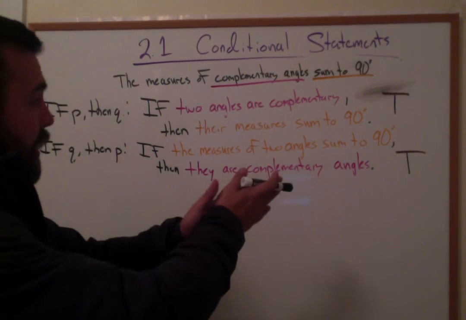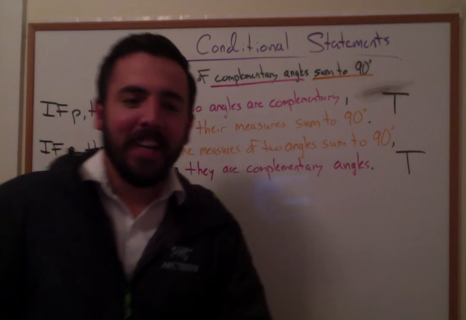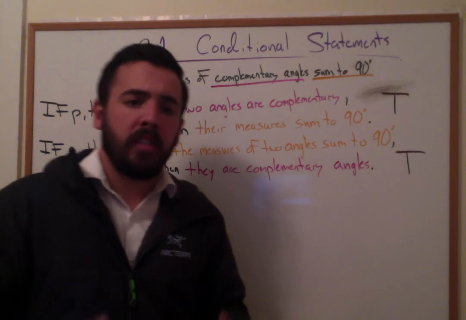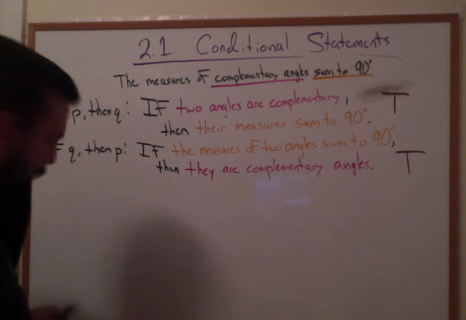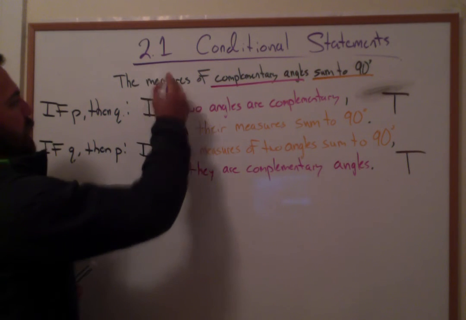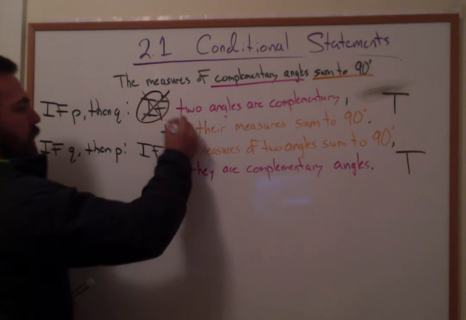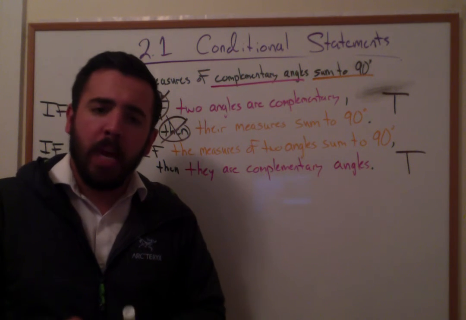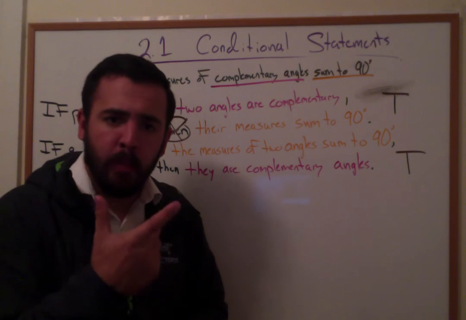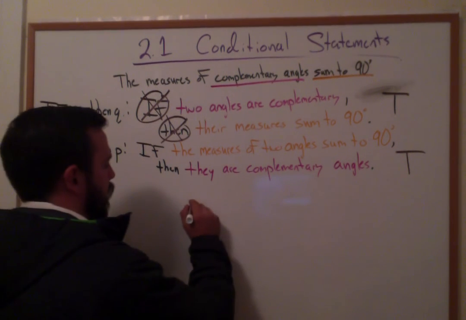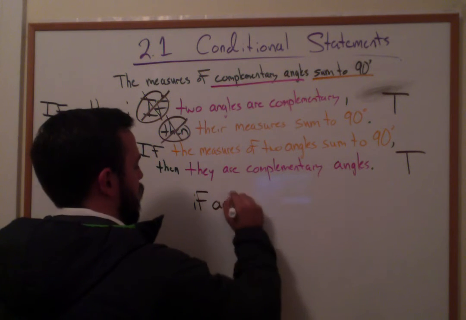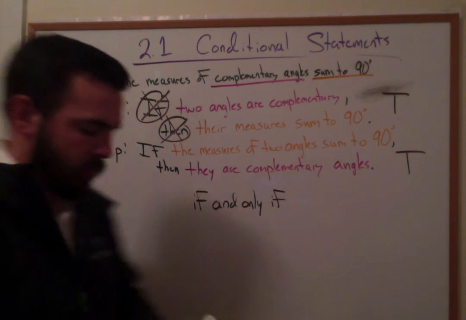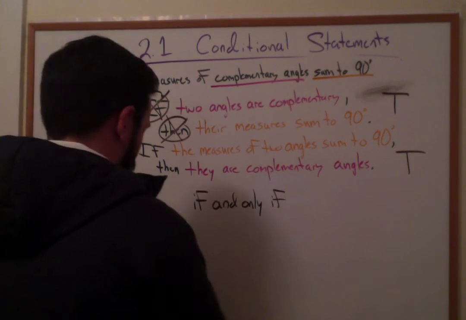So, biconditionals. Here we go. So what we're going to do is we're going to take these statements and write just one. Now, what this statement does is it gets rid of the if and the then of the conditional statement. And what we do is we put a different phrase right in the middle. We put a phrase of if and only if. So, we have our hypothesis.